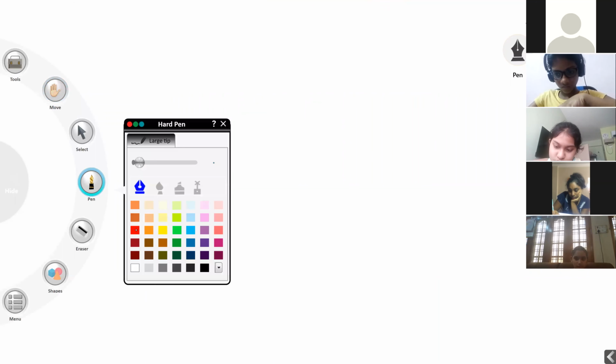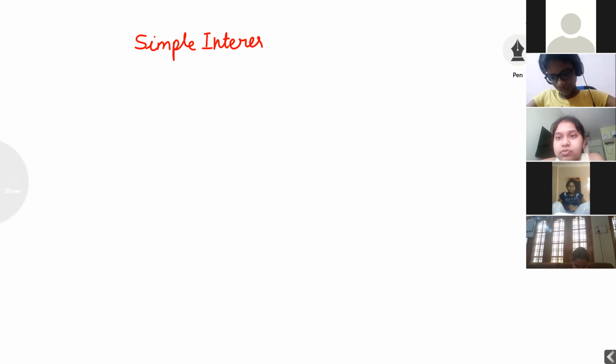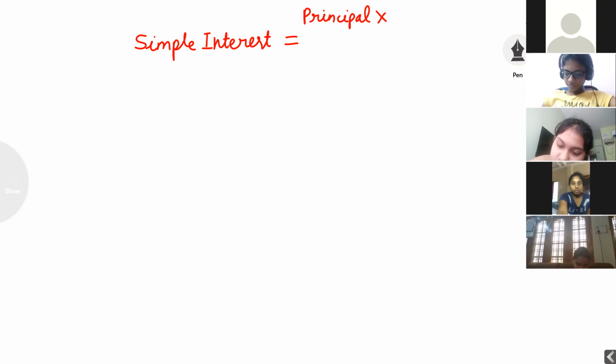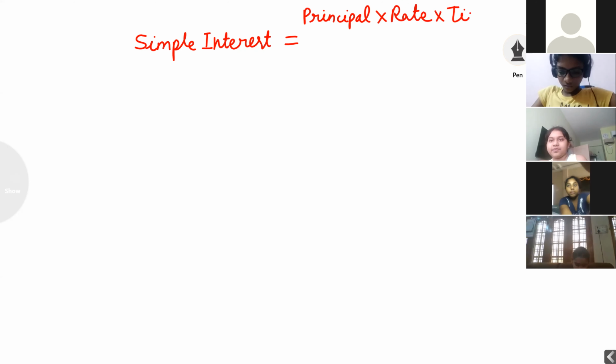Note down, simple interest is equal to principal into rate into time divided by 100.